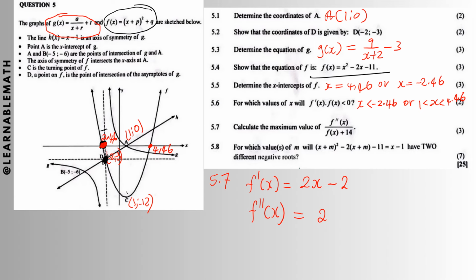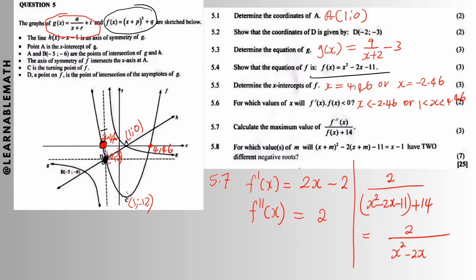Okay, so I can just rewrite that expression: f second derivative divided by f of x plus 14 will be 2 over f of x, which is x squared minus 2x minus 11, plus 14. So this will be 2 over x squared minus 2x minus 11 plus 14, which basically gives us plus 3. Okay, so we have this.